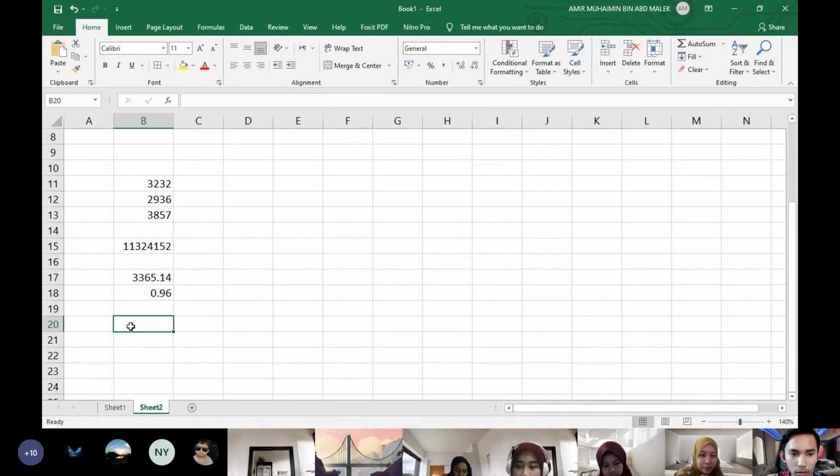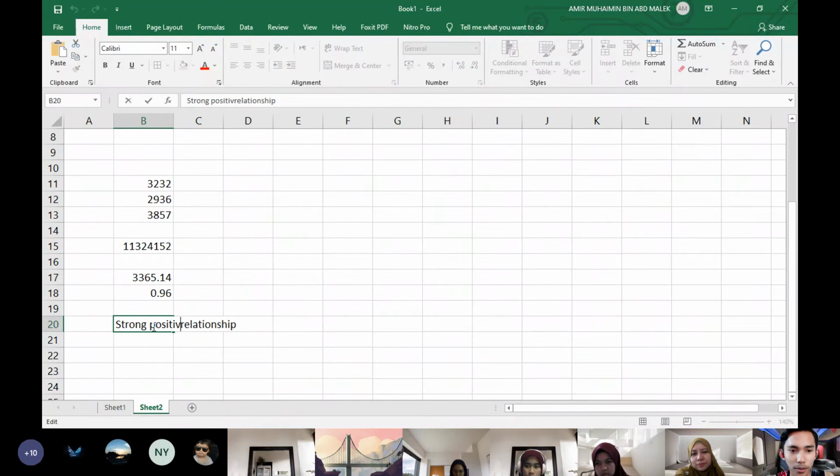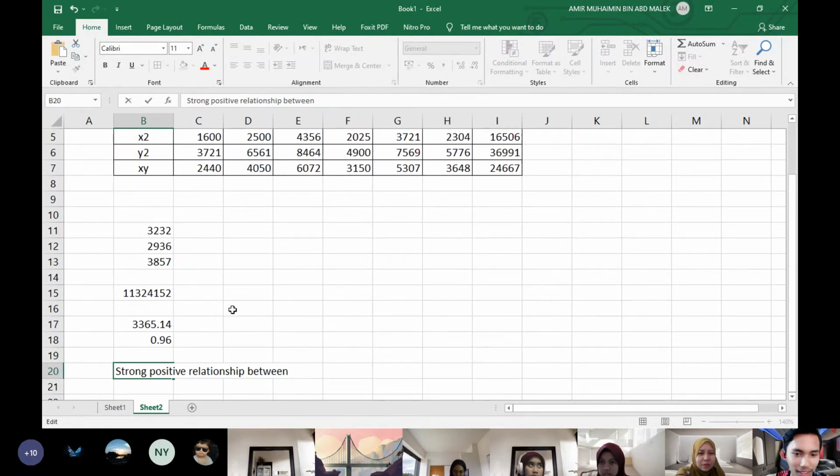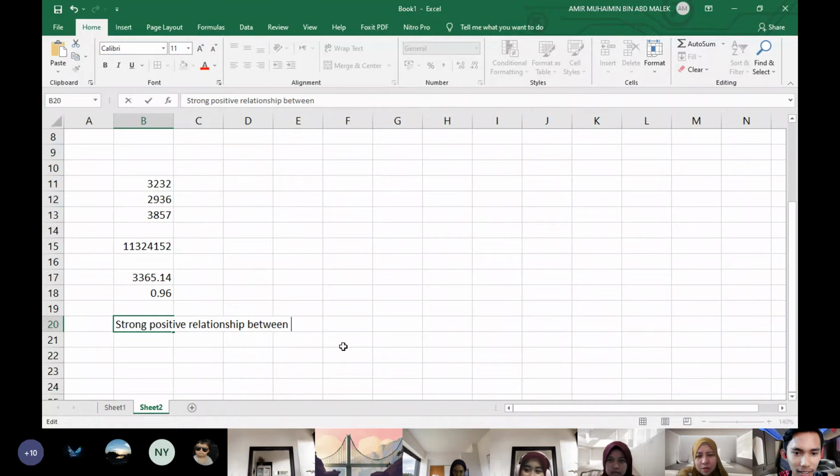So it should be a strong positive relationship between the age and the time spent to complete the run, the marathon run, something like that.